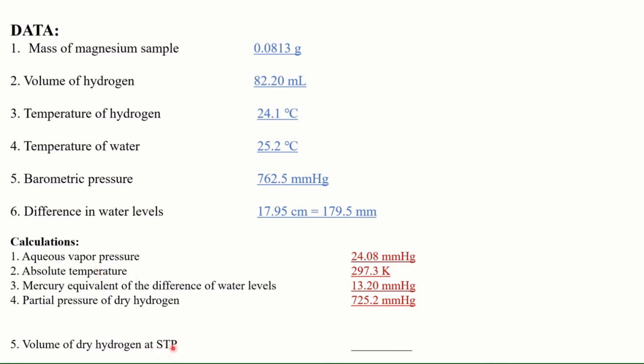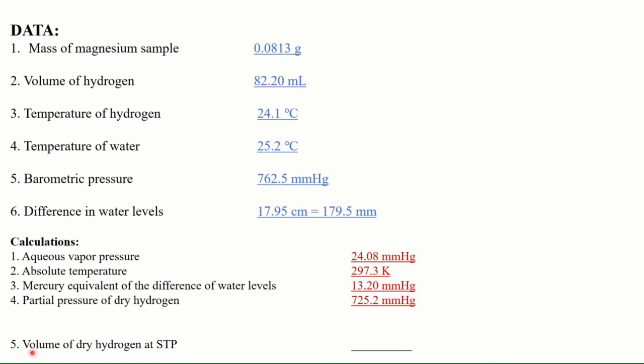This was not at standard temperature and pressure, because the temperature of the gas here was not 0 degrees Celsius, but it was 24.1 degrees Celsius. Also, the pressure of the gas was not 760 millimeters of mercury, but was only 725.2 millimeters of mercury.